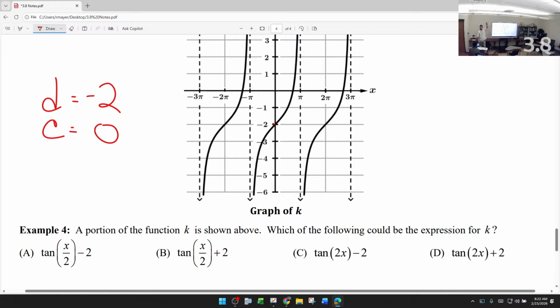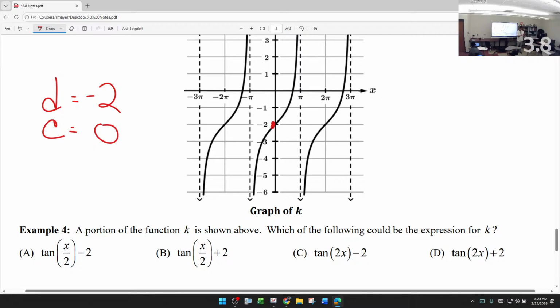A stretches it or shrinks it, and it's hard to see a stretch or a shrink. Here's how my mind works. Y'all good with that being the 0 and this being an asymptote, yes? Halfway between 0 and an asymptote, I should be at 1.